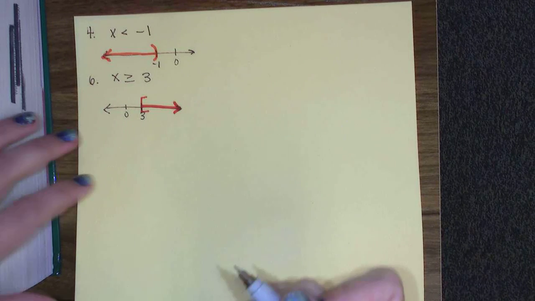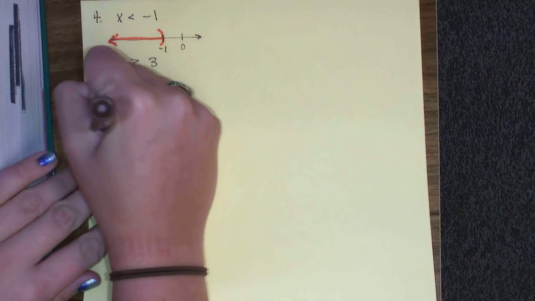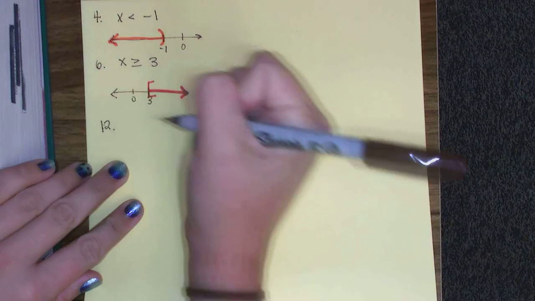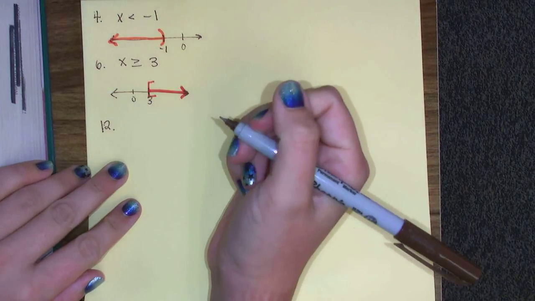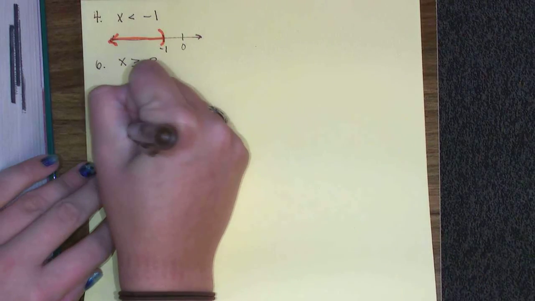Alright, so we're going to move on to ones that are a little harder than that. Okay, so now your book is still using your open circles and closed circles, but we're not using those. Okay, so one like number 12. I'm going to write it like they do because they already have it graphed for you, but we're not going to be doing it that way anymore.